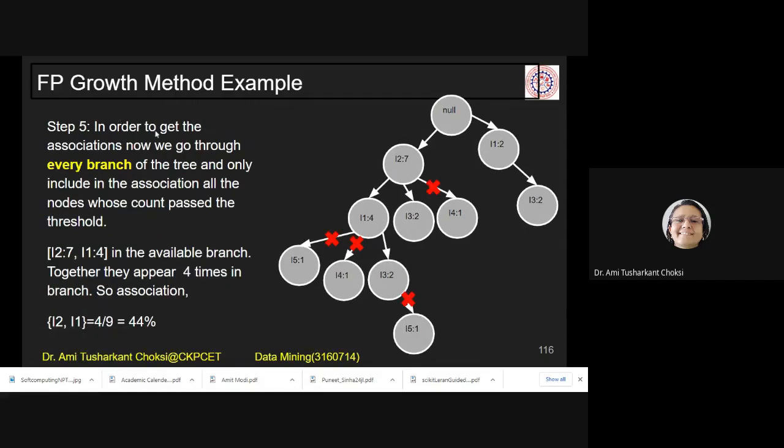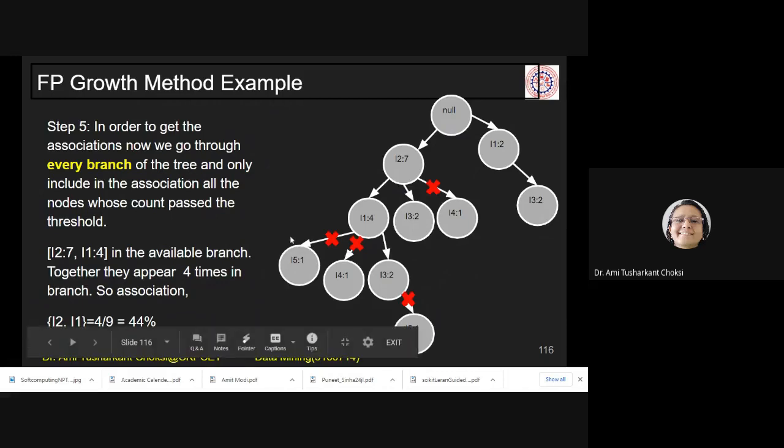Now, in order to get the associations, we go through every branch of the tree and only include in the association all of the nodes whose count passed the threshold. What is the threshold? That is minimum support. Fine. So, what do we say?